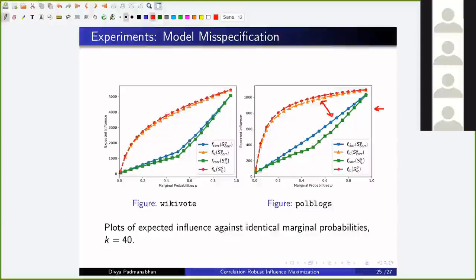This corresponds to the robust seed set. You expected it to perform like the blue curve because that is how it performs under an adversarial setup. But if indeed it's the independent cascade model that's working out, what you'll get is the orange or yellow curve.